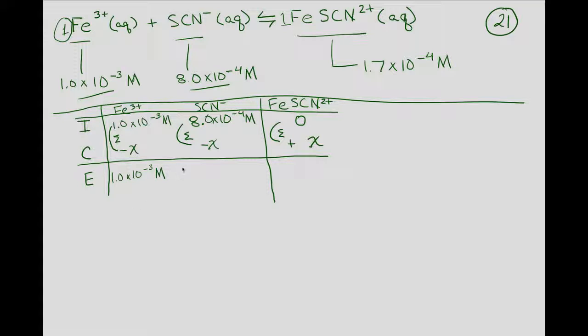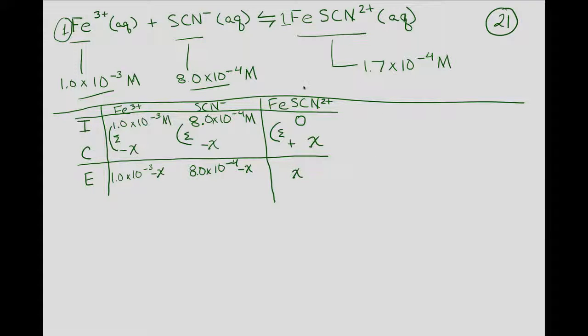Let's get rid of the M because we're running out of space, and we'll just put a minus x here. We'll do the same thing over here, 8.0 times 10 to the minus 4 minus x, and over here 0 plus x is just x.